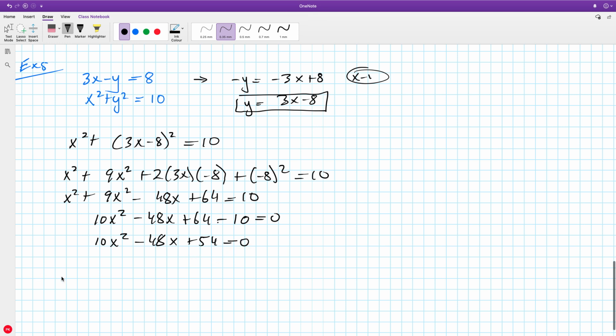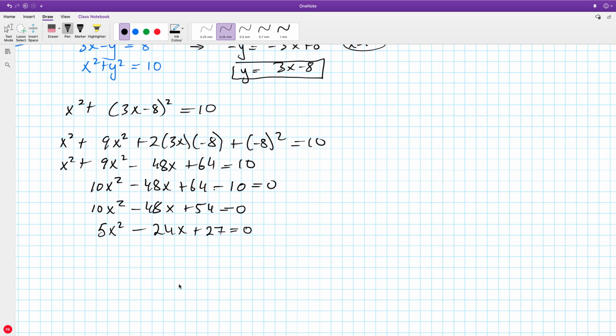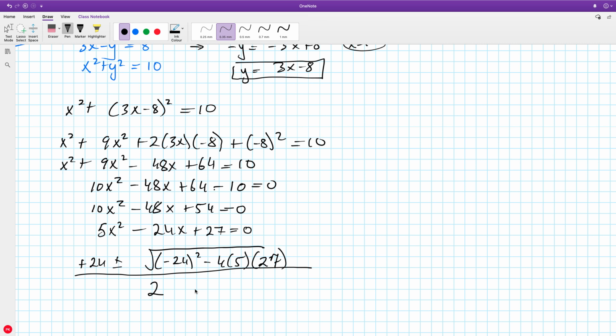Right, and divide across by 2 to make it easier: 5x squared minus 24x plus 27 equals 0. We have that, minus b: minus minus 24 is plus 24, plus or minus the square root of (minus 24) squared minus 4 times 5 times 27, all over 2 times 5.